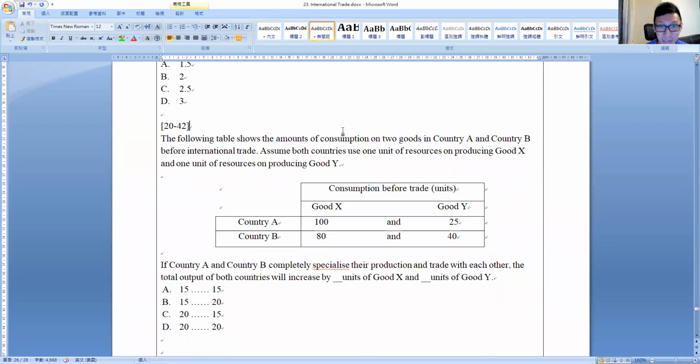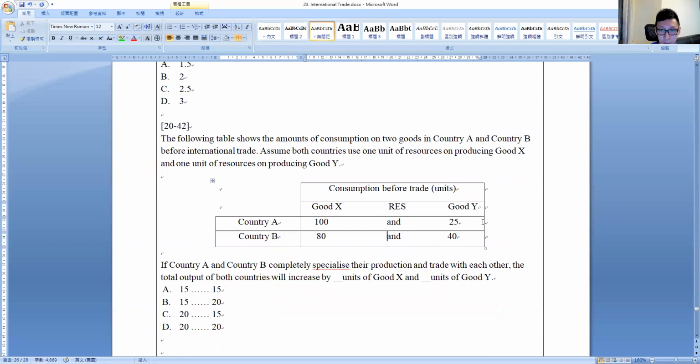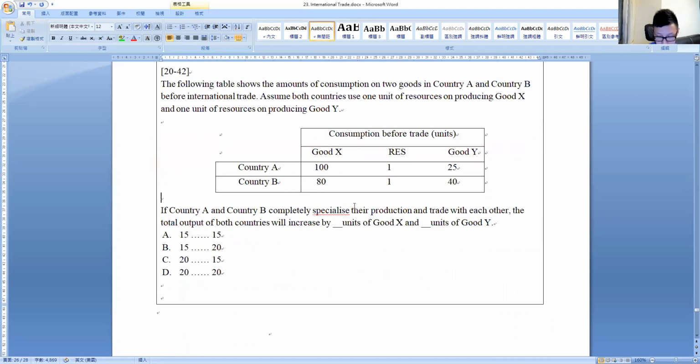Okay, here assume they use 1 unit of resources on producing X and 1 unit on Y. What does that mean? The resources would be 1 and 1. So how do we do it?